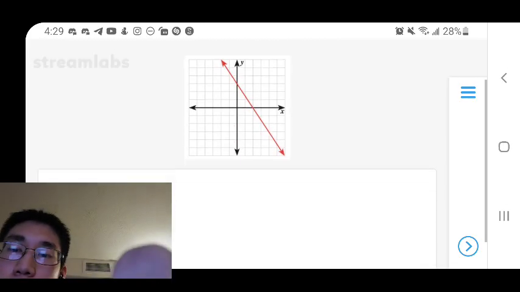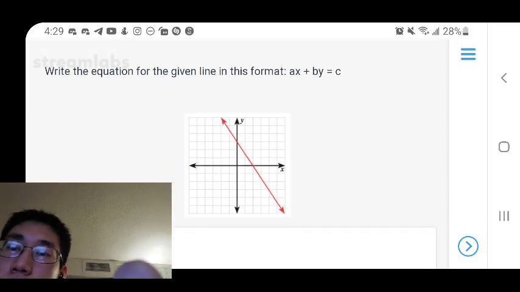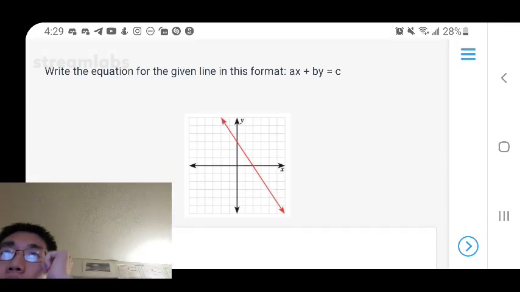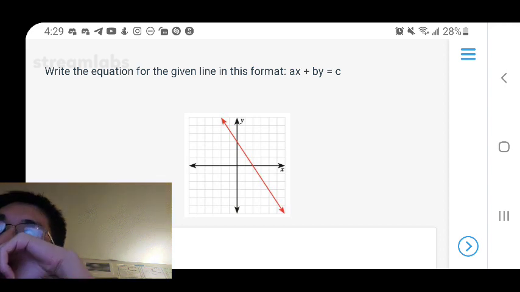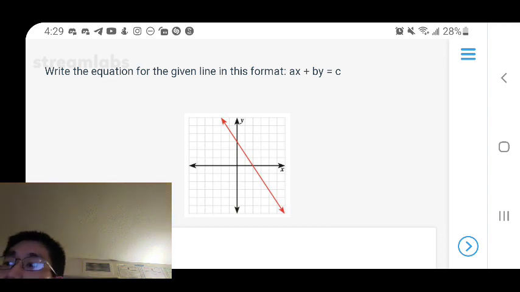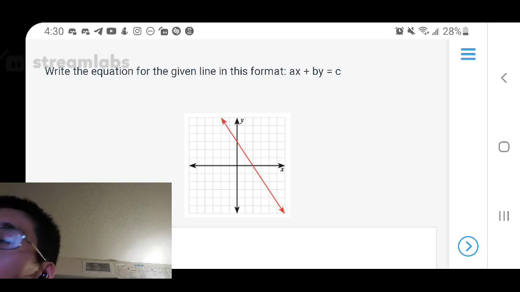Write the equation for the given line in this format. I need to actually see it. So you see here that y is 0 when x is 2. Yep. And x is 0 when y is 3.